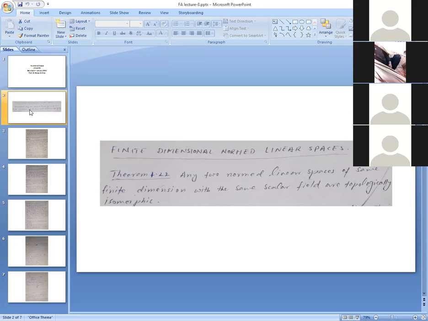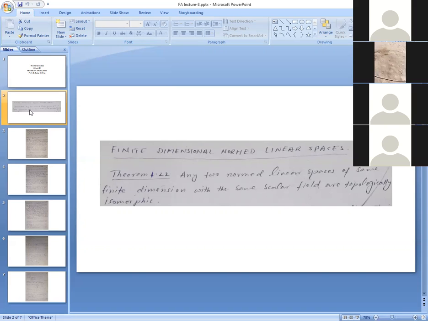From now onward, we shall consider finite dimensional spaces because it is very difficult to deal with infinite dimensional spaces.